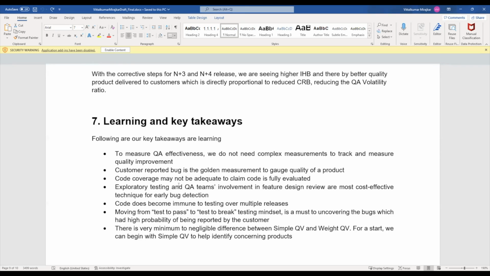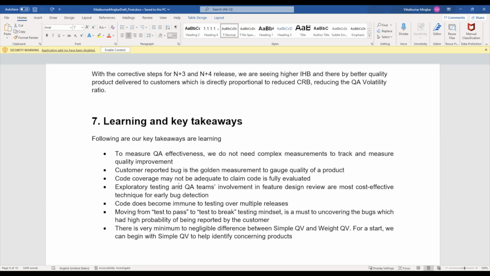For me, customer logged bug count or customer logged data is a golden set. It's one radar which tells whether all the efforts being put in are guided in the right direction. So customer logged bug is the right gauge to say whether all the efforts are fruitful.